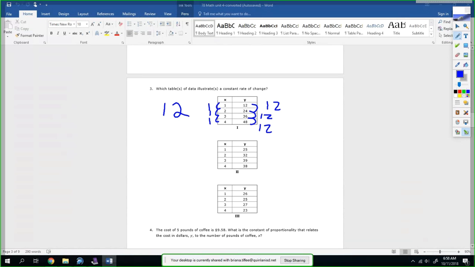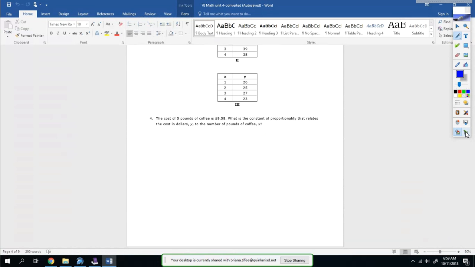Okay, so I'm going to circle that one because that has a constant rate of change. The next one is 25 to 32, so that's 7. That's 7, and that's minus 1. I almost got you, but no, table 2 is not right. It says 26 to 25, so that's minus 1. And then 25 to 27, that's plus 2, so that's not right. So it's only table 1. Table 1 is the only one that has a constant.